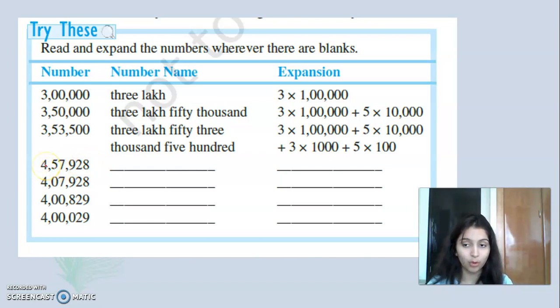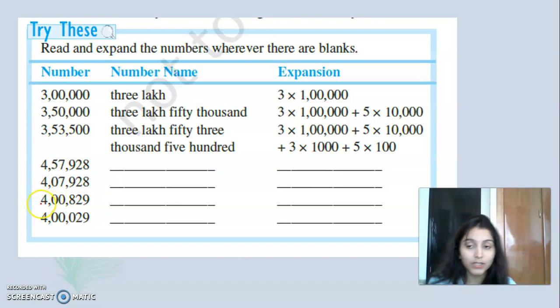So it would be 4 into 1 lakh, 5 into 10,000, 7 into 1,000, 9 into 100, 2 into 10, plus 8. Okay, the same way, this has 4 in the lakhs place, 0 in the 10,000s place, 7 in the thousands place, 9 in the hundreds place, 20 and 8, just like this one.